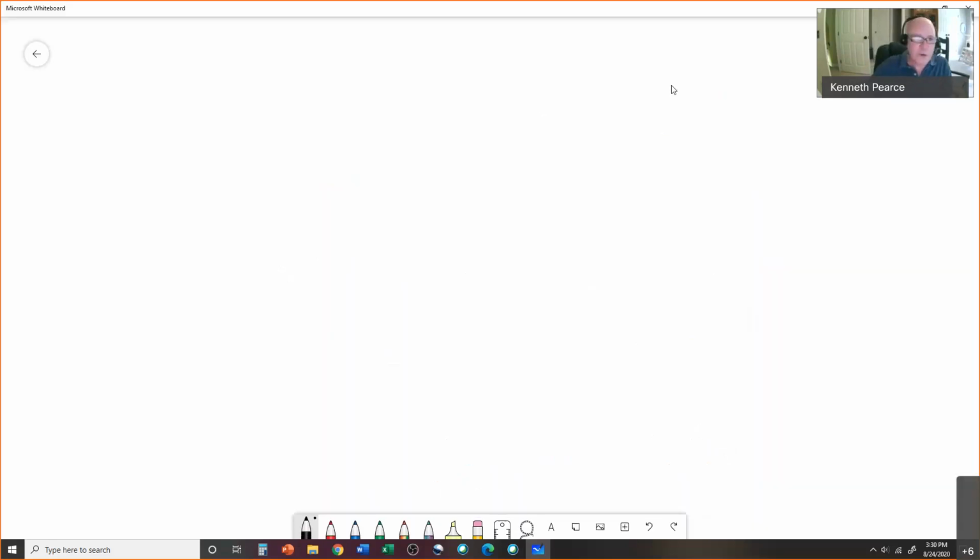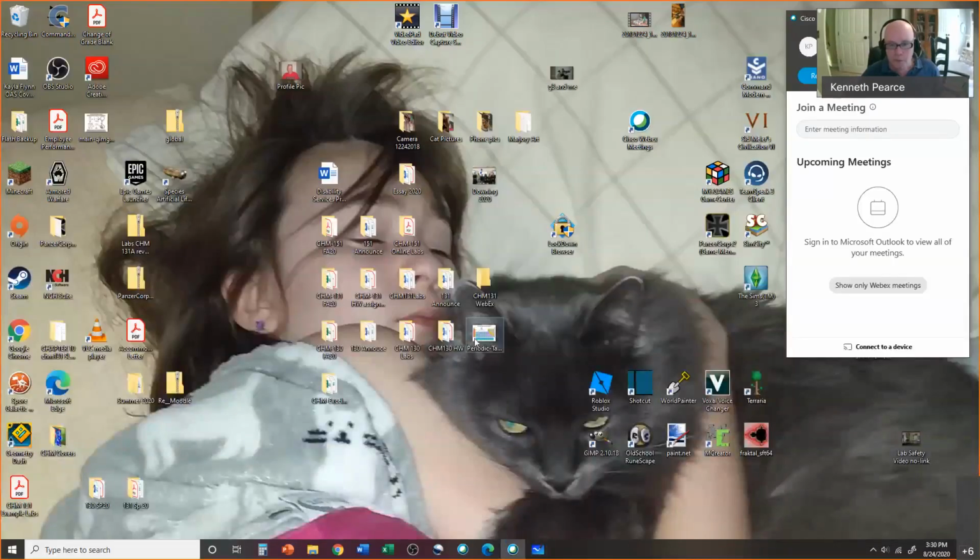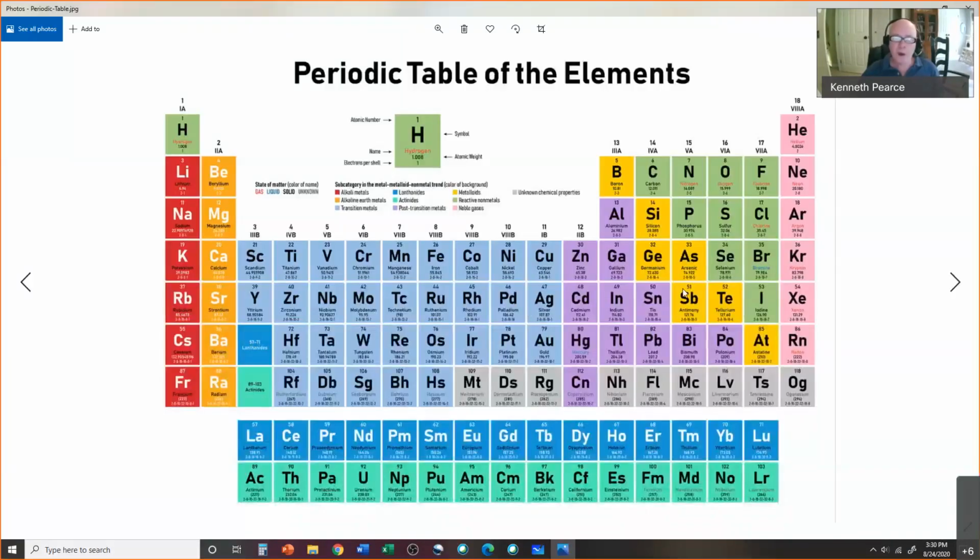Okay, so there are these things called atomic symbols. If you look on the periodic table, and I happen to have one right here. There it is. You will see all these symbols, like C for carbon and N for nitrogen and O for oxygen.